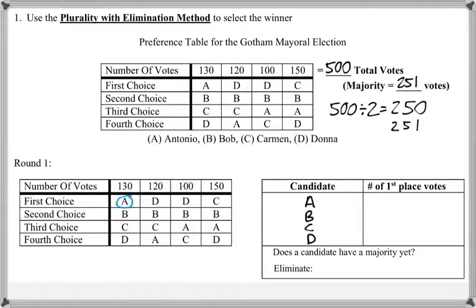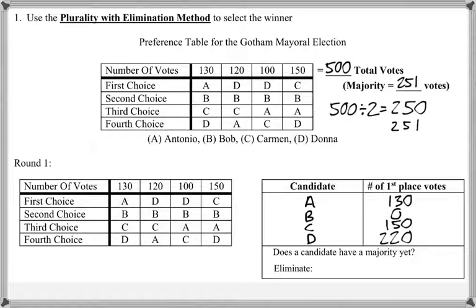A has 130, B has 0, C has 150, and D has 120 plus 100, which is 220.